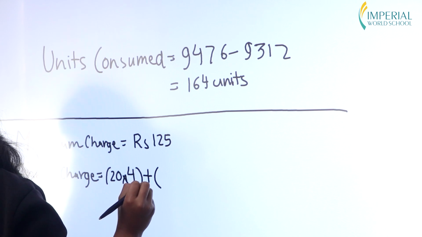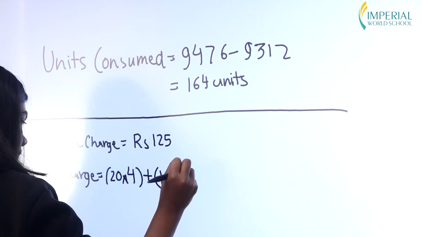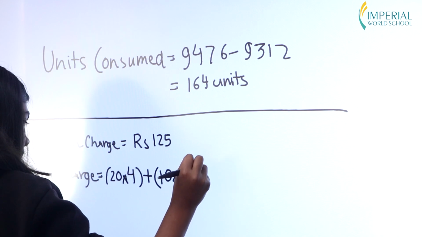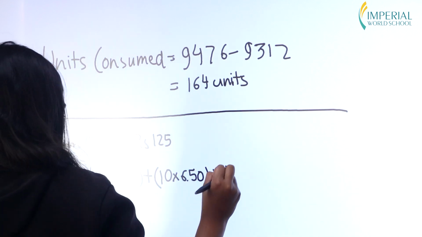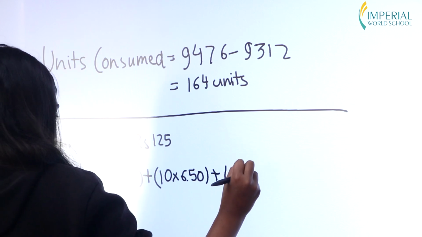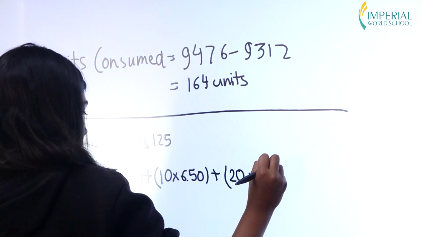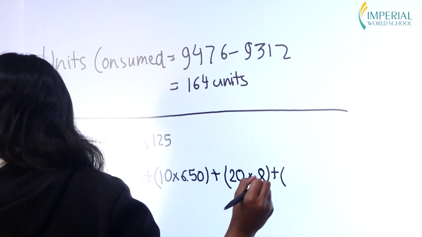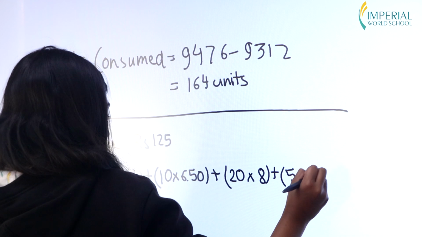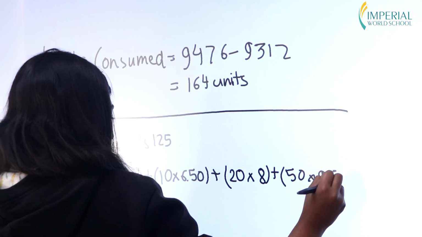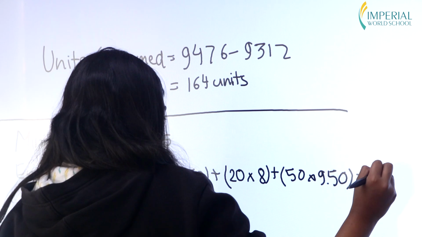Then for the second 10 units, the energy charge is 6.50. Then for another 20 units, the energy charge is 8. Then for the 50 units, the energy charge is 9.50. And finally, for the last 64 units, the energy charge is 9.50.